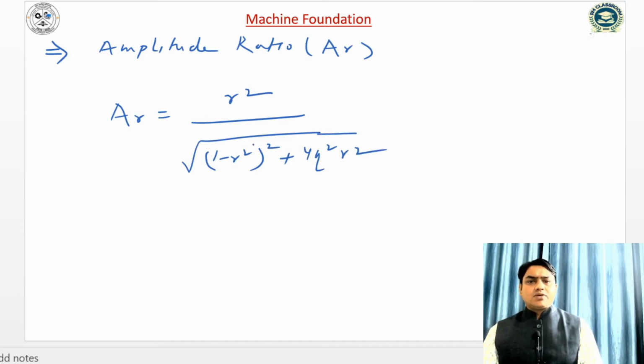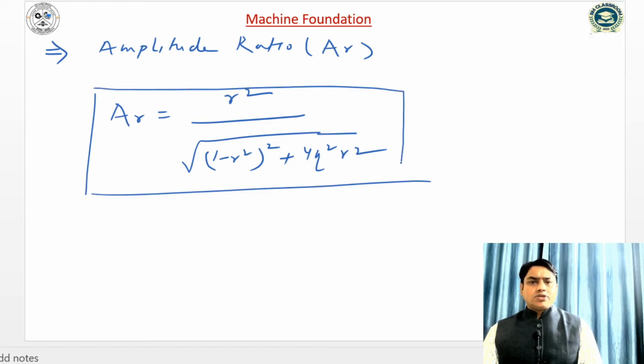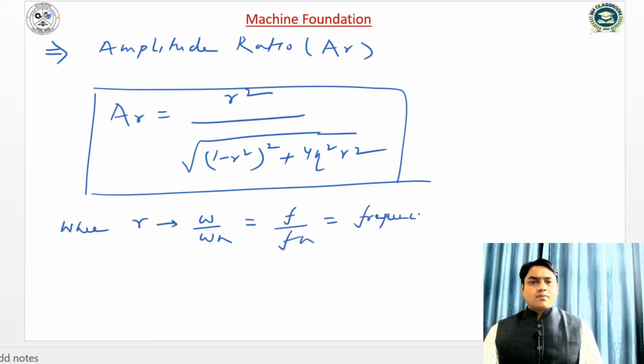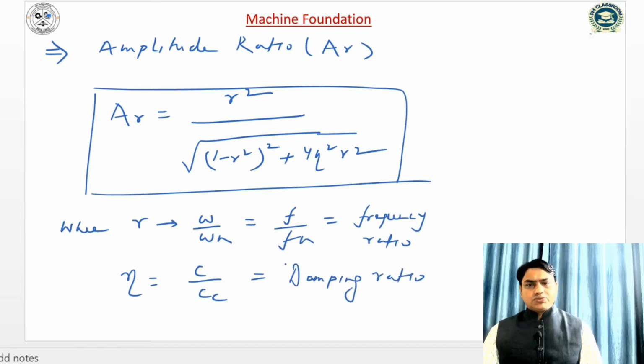So with the help of this expression we can compute the amplitude ratio, where r is the ratio of omega by omega n, or f by fn, that is called frequency ratio, and eta is the ratio of actual damping by critical damping and called damping ratio.